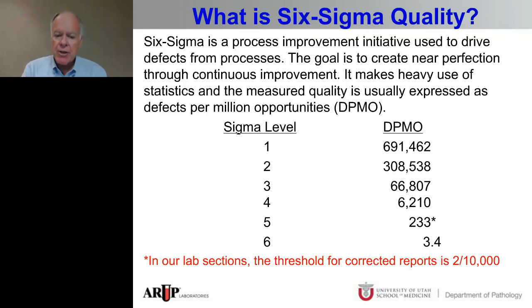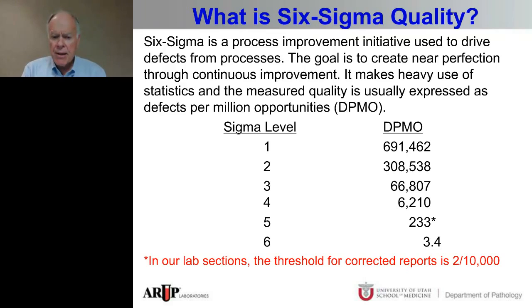In our lab sections in our laboratory, the threshold for corrected reports is 2 per 10,000. So if you just simply look at this chart of the sigma levels, 5 sigma is 233 errors per million, which is 2.33 per 10,000.